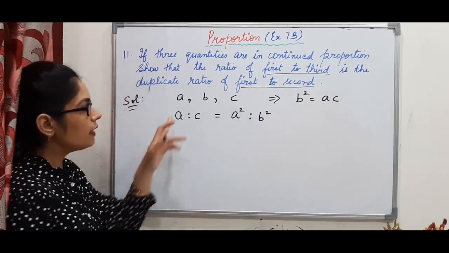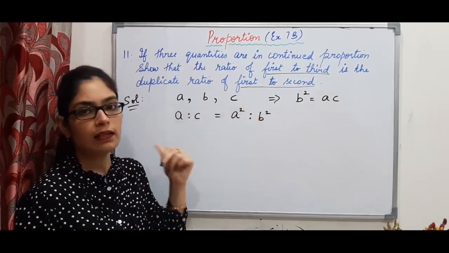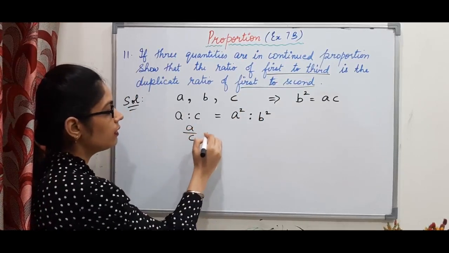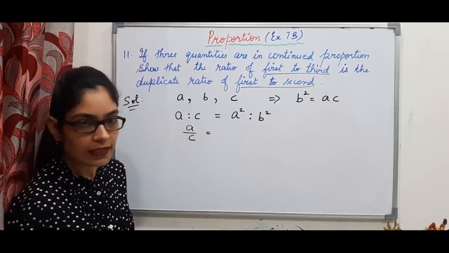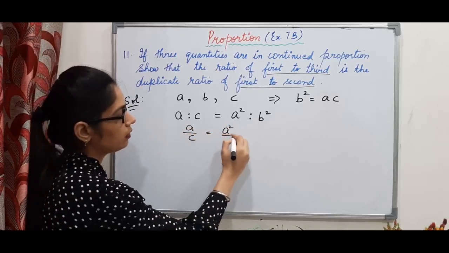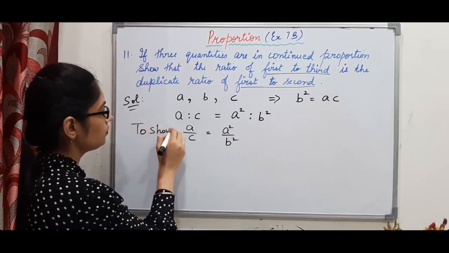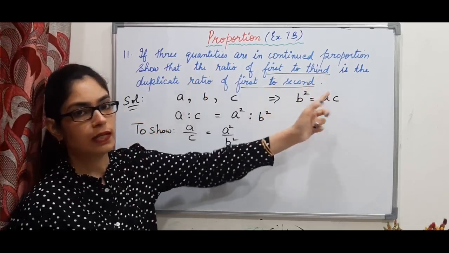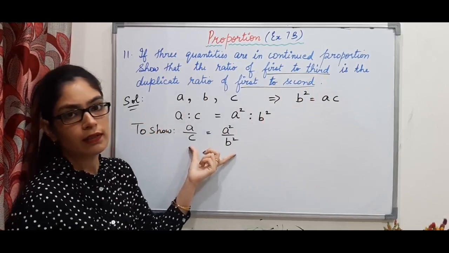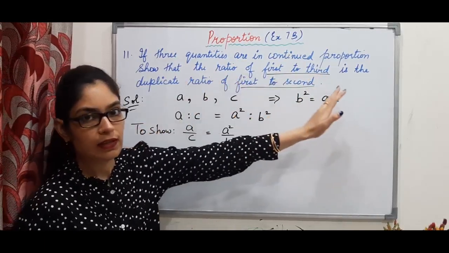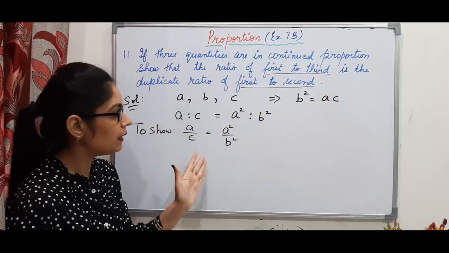So they are saying if these three are in continued proportion, then we have to show that the ratio of first to third is equal to the duplicate ratio of first to second. So this thing we have to show, or we have to prove. See, everything was written in the statement. I have just converted it into ratio form. It was given to us in the English language, we converted it into the mathematical language.